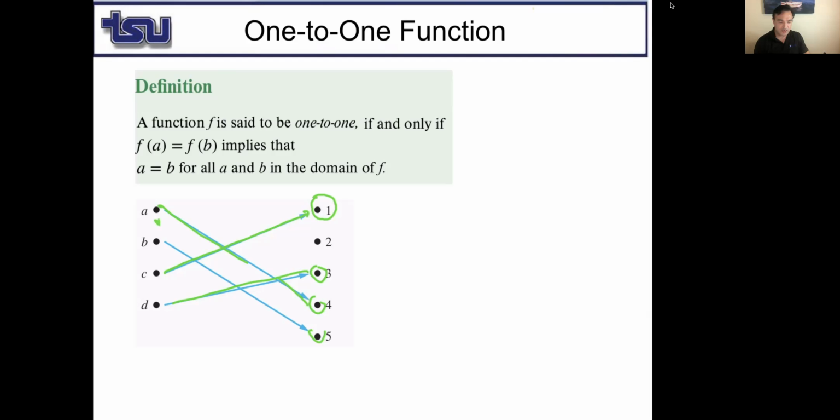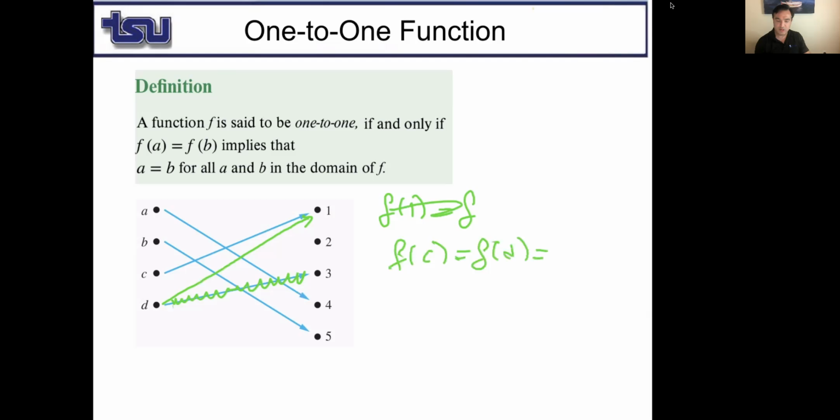For example, if I had, let's say, this guy, instead of going here, if it was going there, you see that f of c is equal to f of d, which is equal to 1.